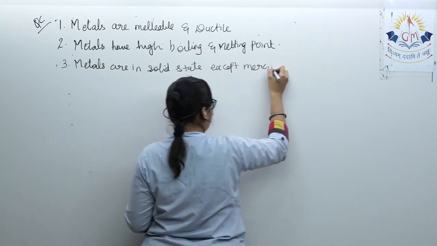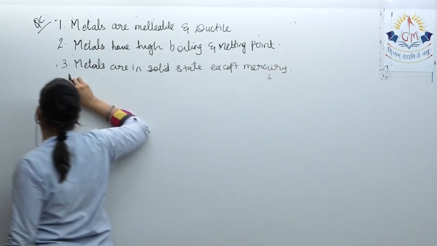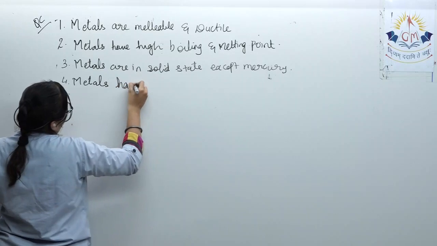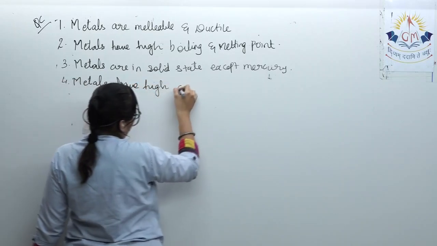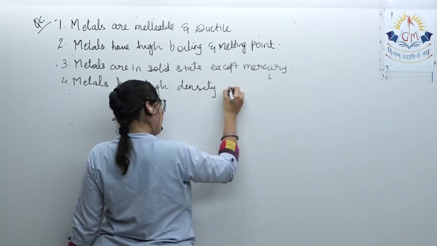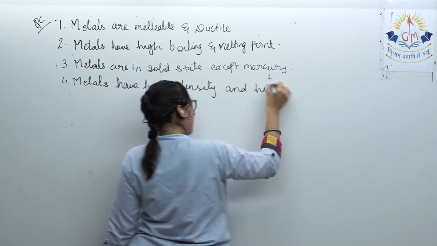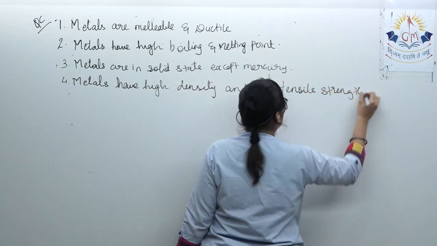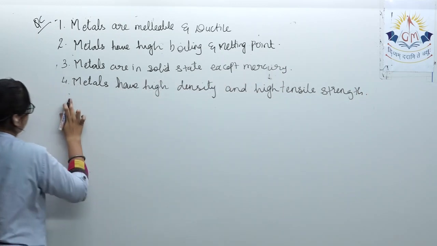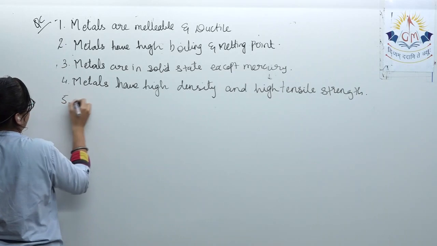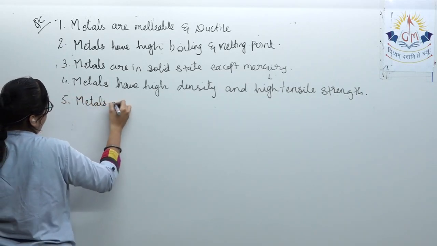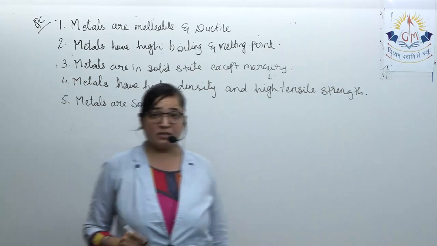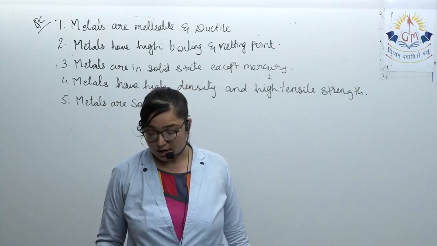They have very high density and high tensile strength. Metals are sonorous. That means they produce ringing sound when they are struck with another metal.